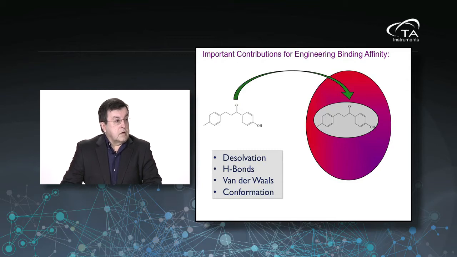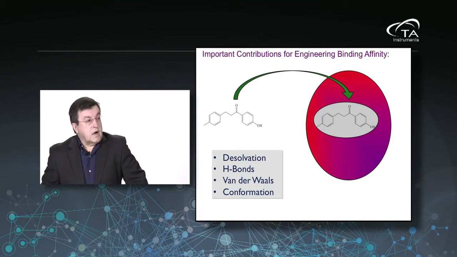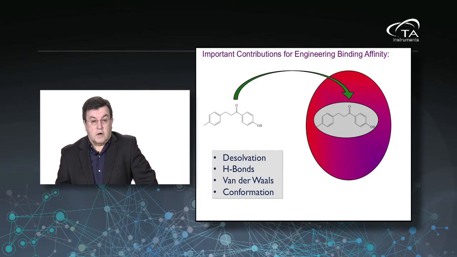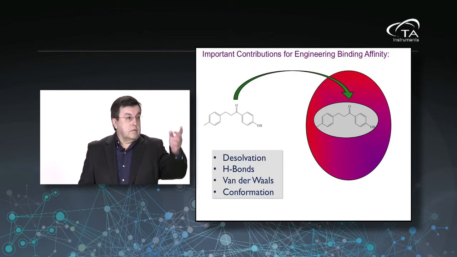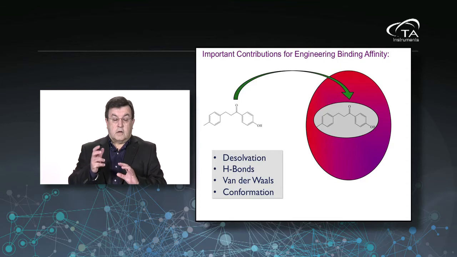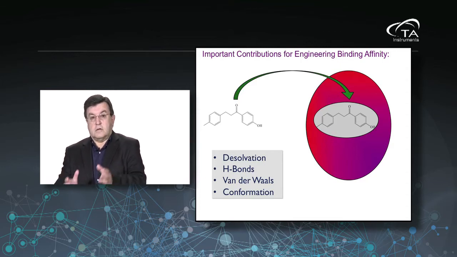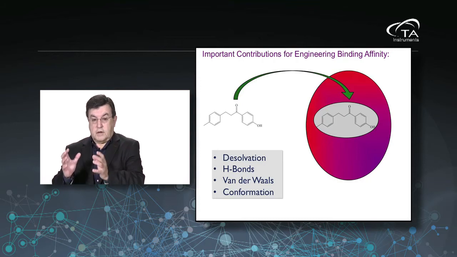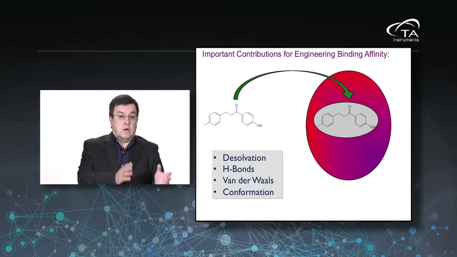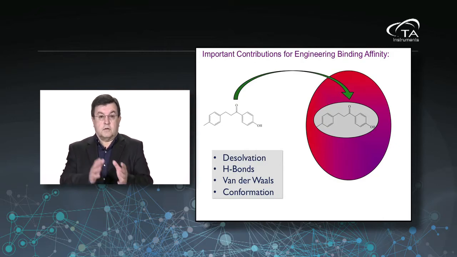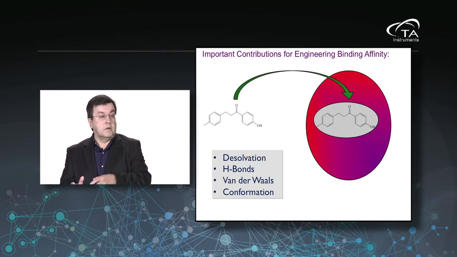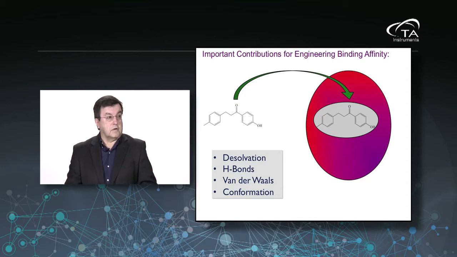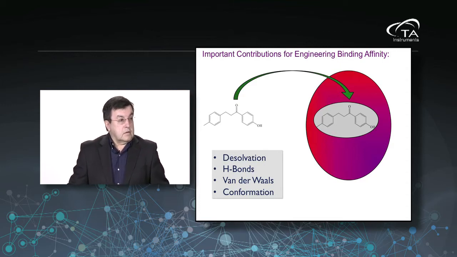Also, there are changes in conformation that are reflected in changes in conformational entropy. For example, if the drug molecule has rotatable bonds and is able to adopt many different conformations in solution, when it binds, it will be occupying a single conformation, and there will be a loss in conformational degrees of freedom, and that's a loss in entropy. The binding pocket also can suffer that type of restrictions in conformation. So let's start with desolvation.